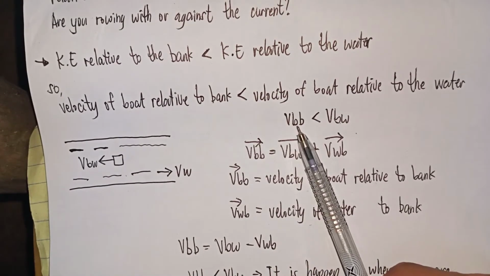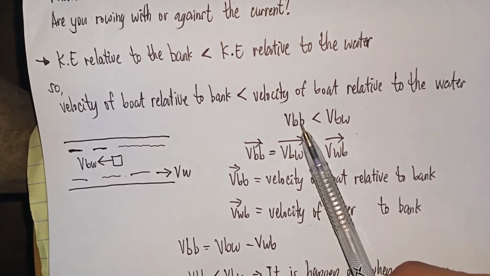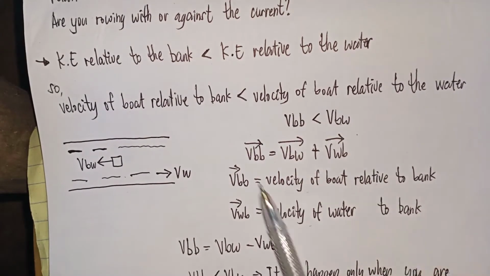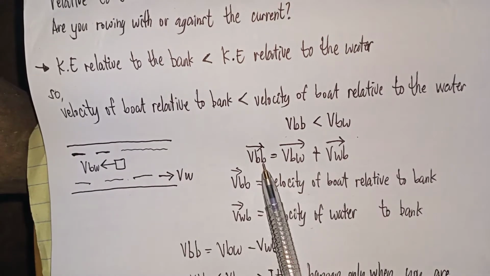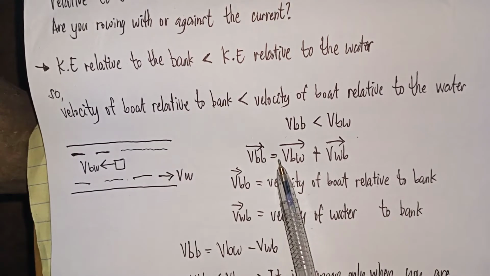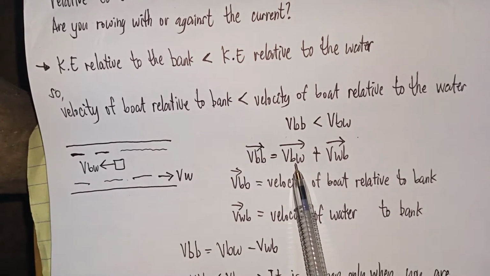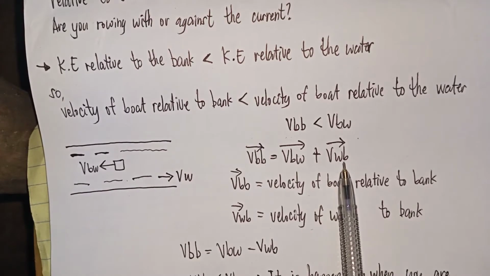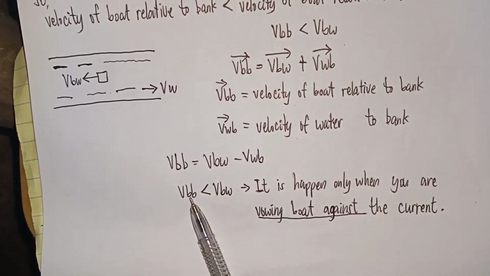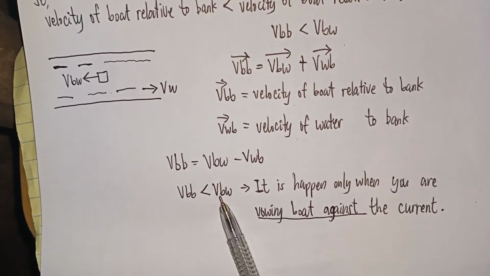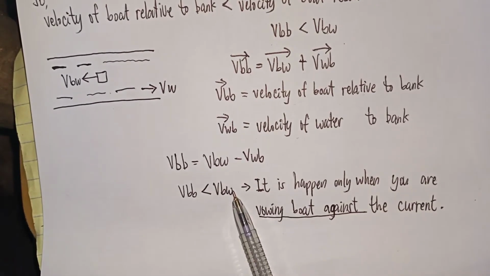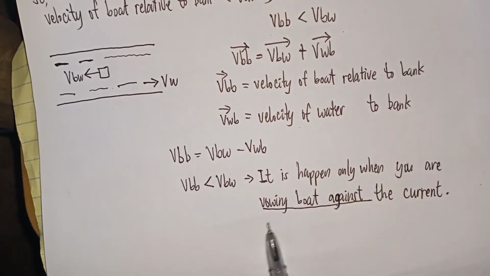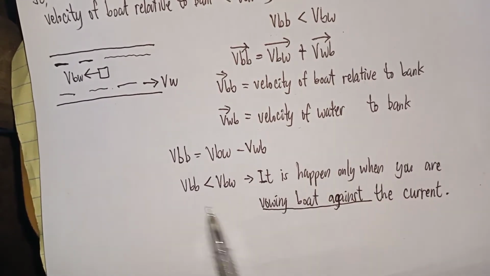The velocity of the boat relative to the bank equals the velocity of the boat relative to the water plus the velocity of the water relative to the bank. So the velocity of the boat relative to the bank is less than relative to the water. This happens only when you are rowing the boat against the current.